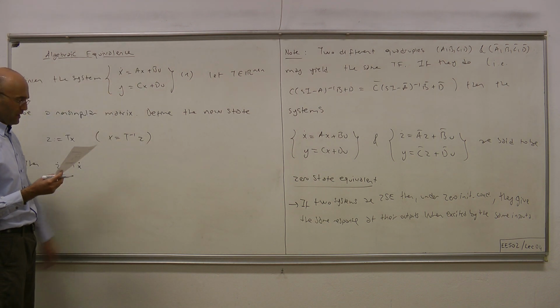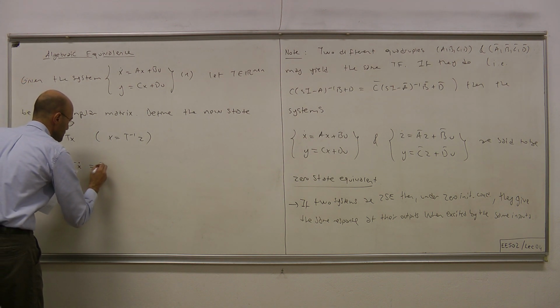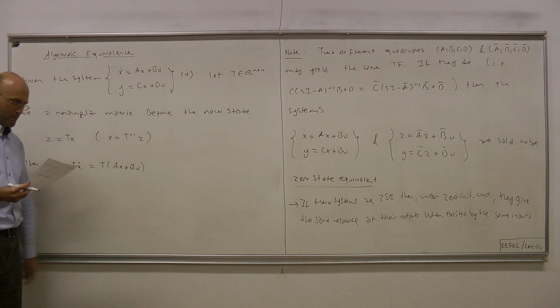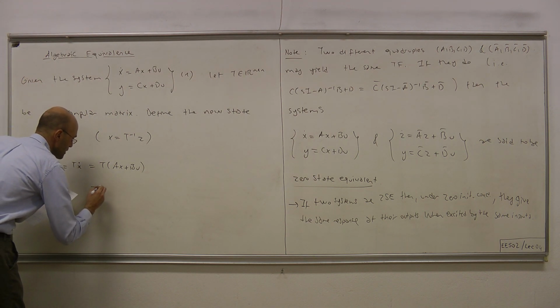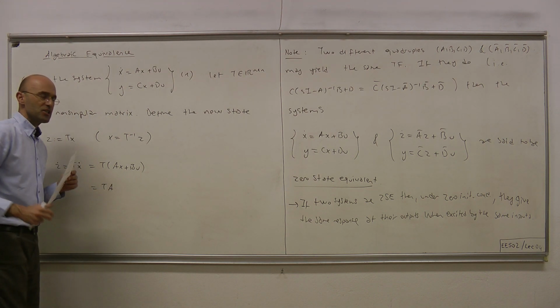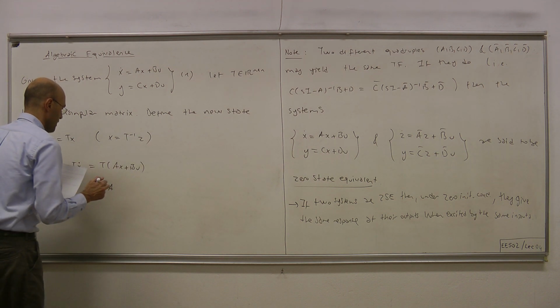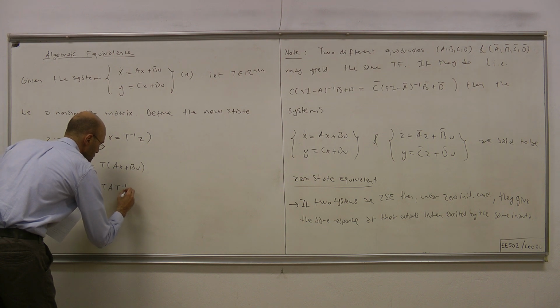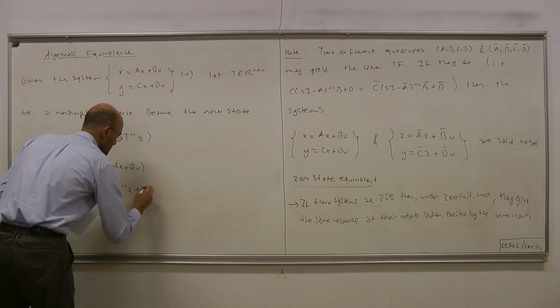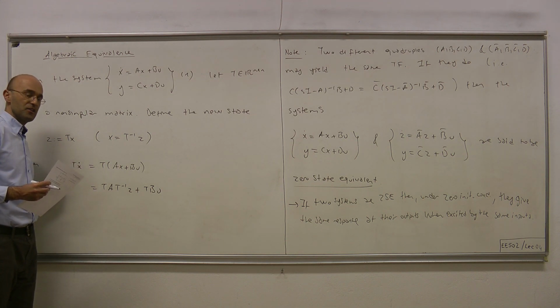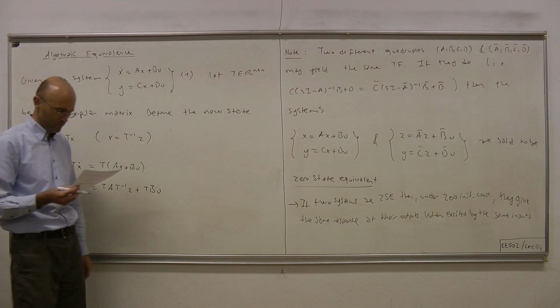And x dot is T times Ax plus Bu. That equals TA times x, but we want everything in terms of Z, and x is T inverse Z. Hence we have TA T inverse Z plus TBu. So that's the right hand side for Z dot.